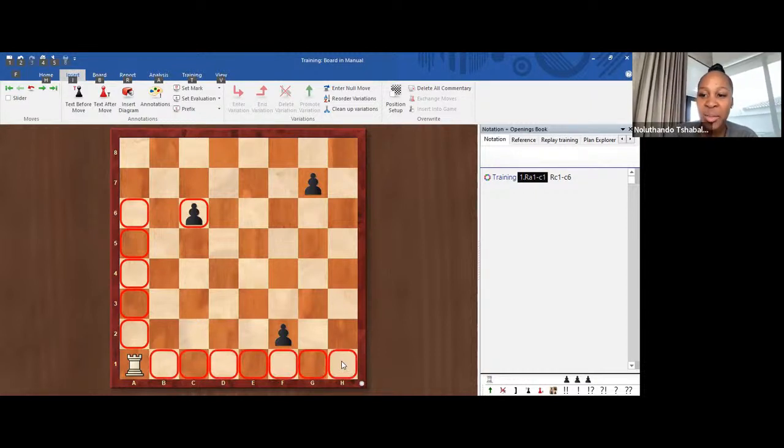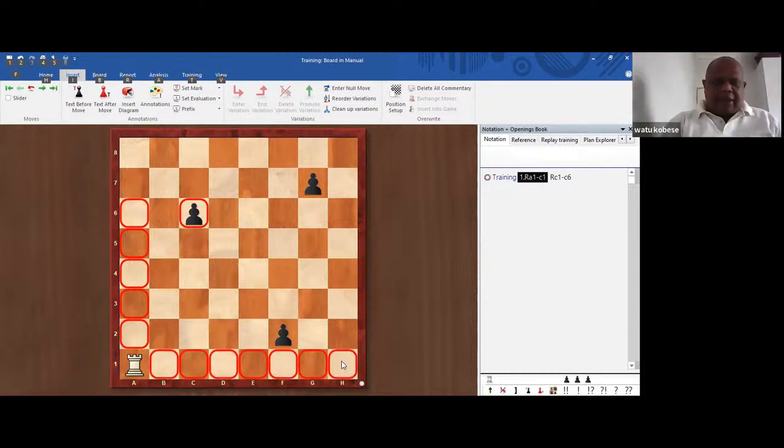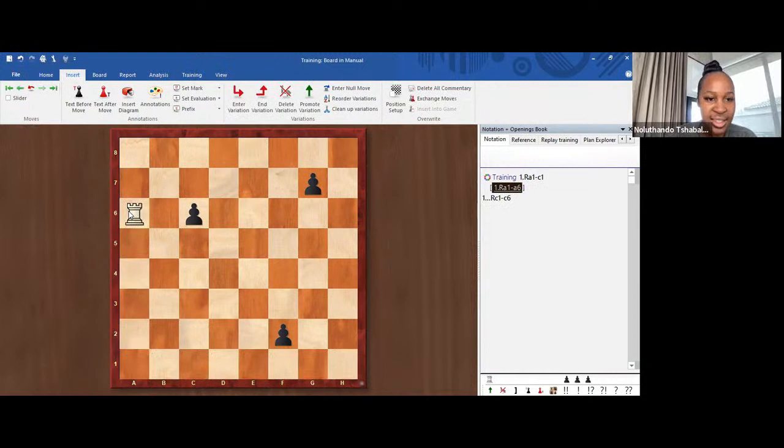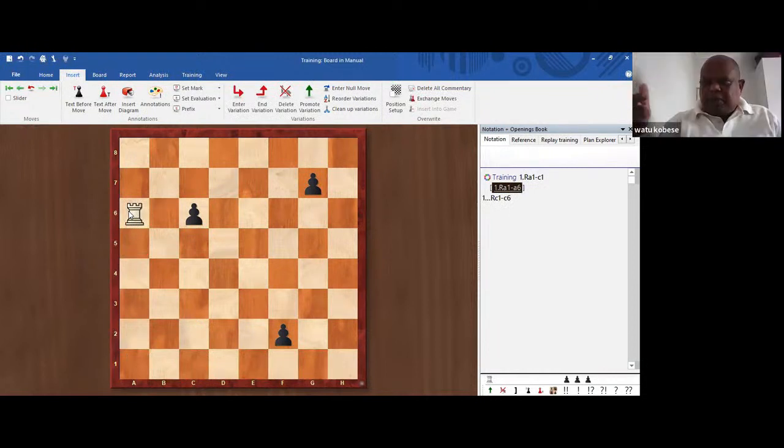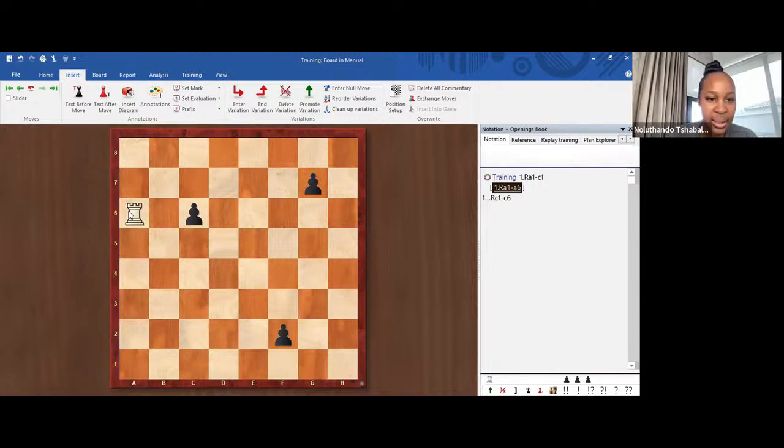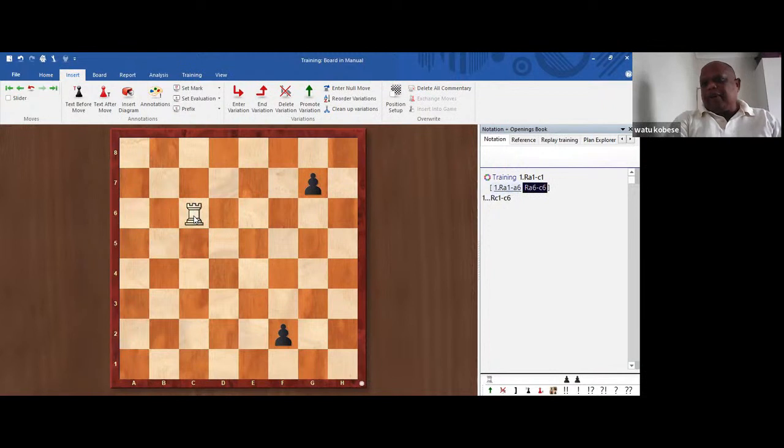But you're not allowed to jump over pieces. Exactly. As long as you're not jumping over other pieces, and you're not allowed to change direction. So what I mean by that is, imagine you moved from A1 to A6. You would then stop there, and it will be your opponent's turn to play. Right? So your opponent could do whatever they want to do. And then afterwards, you would then capture the pawn on C6.